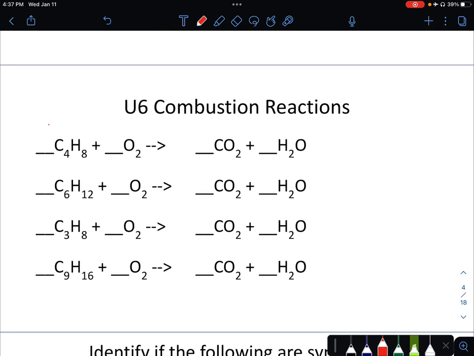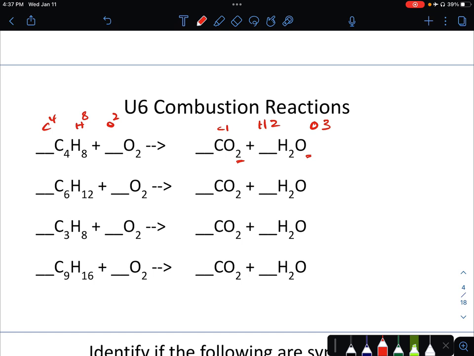If we're trying to balance this, we've got a C, an H, and an O on each side. Let me put that in a better spot. I have 4, 8, 2 on one side and 1, 2, 3 oxygens on the other: 2 oxygens there and 1 there, so that's 3.